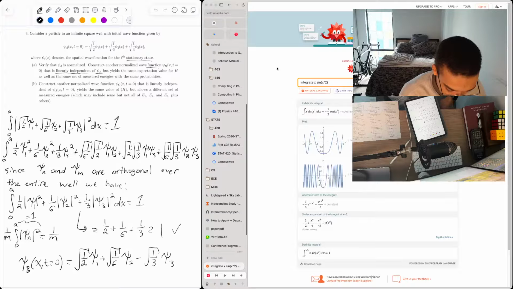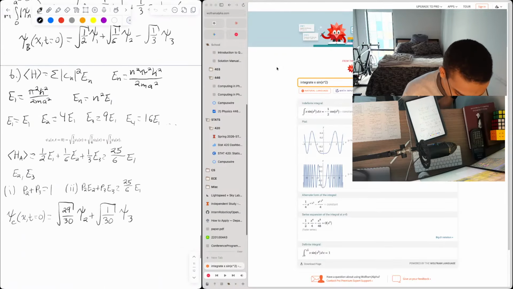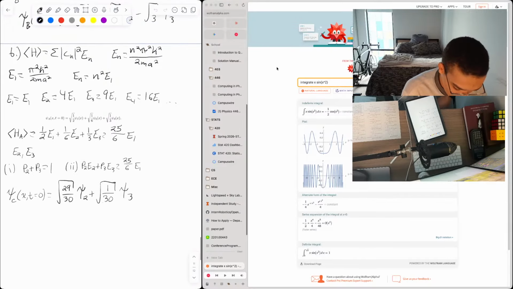Oh, that's annoying. But you're going to end up with some fraction. Yeah, summation. Yeah, 25/6. Oh, it's 9/3, so it's 1/3, or it's 3. Yeah.